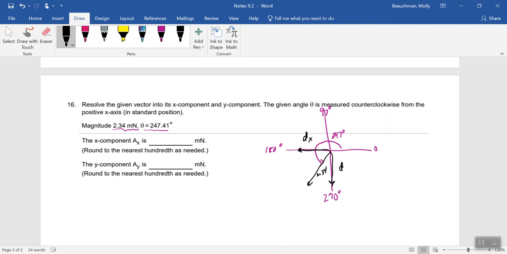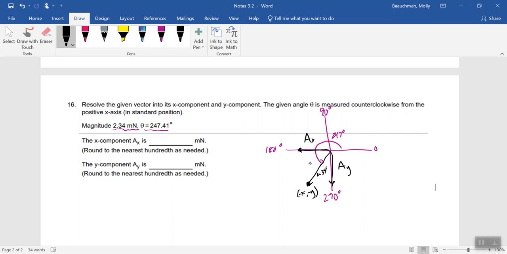Oh, they're using a's, so I'll use their notation. A subscript x and a subscript y. So basically we're going to find the x and y coordinate. Notice we're in the third quadrant, so both of those will end up being negative.